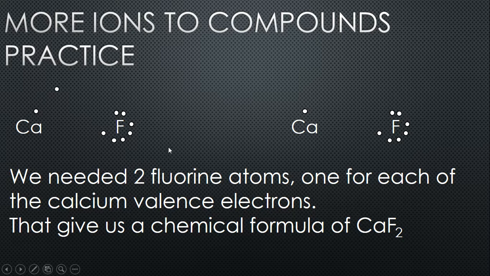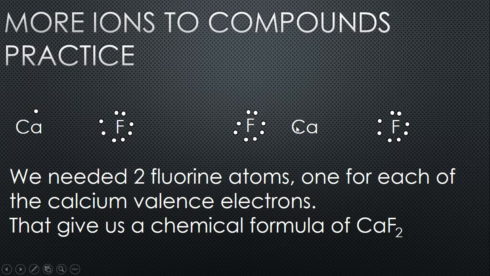So we would have calcium give 1 of the electrons to fluorine, which would give us calcium with 1 remaining valence electron. And fluorine, there should be an 8 here, with a full octet, or full 8 valence electrons. So in order to get this valence electron gone as well, I would need to add another fluorine atom that electron could go to.